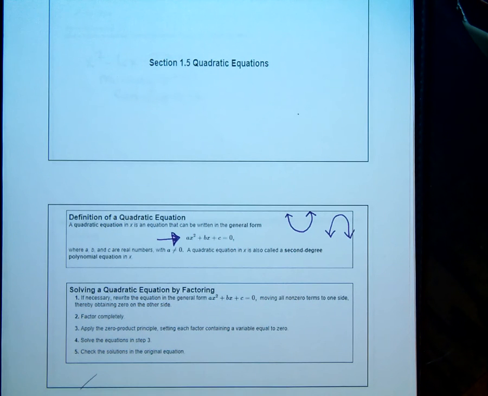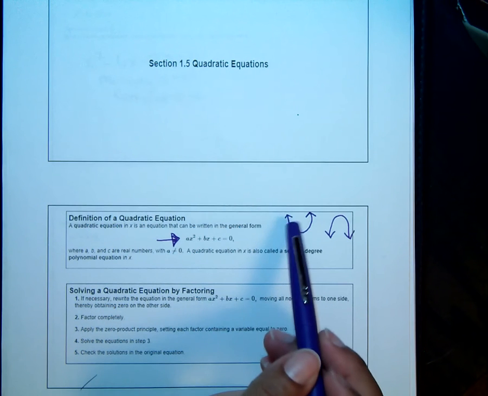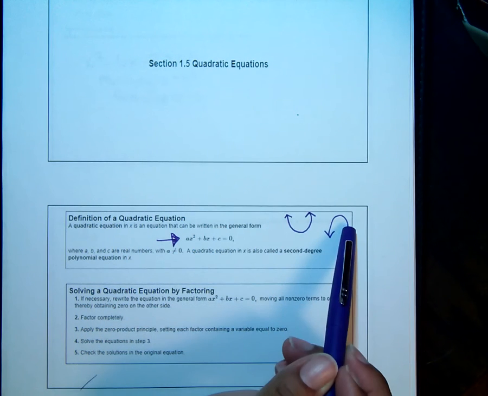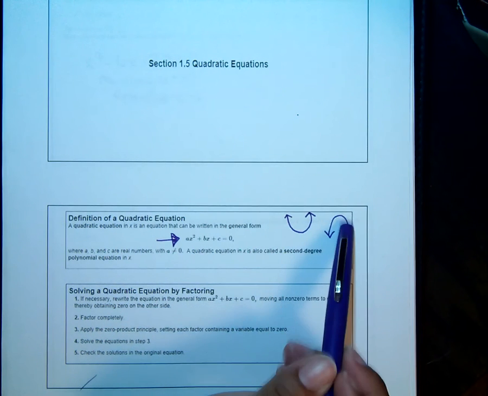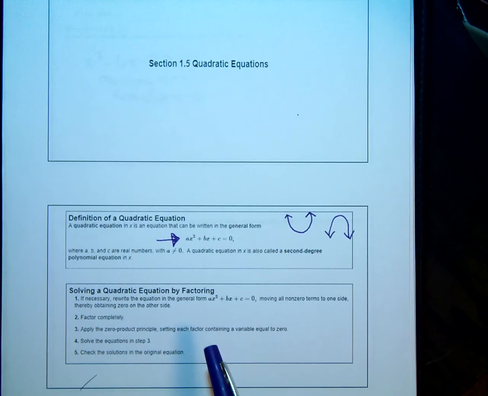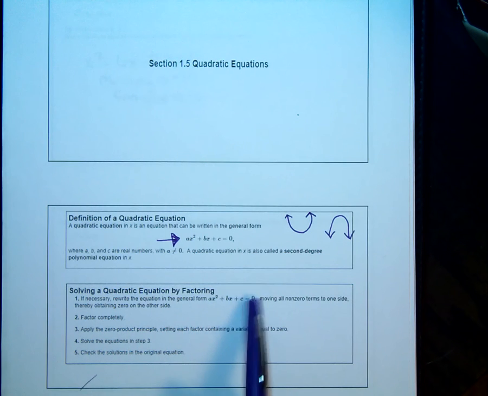So when we're solving quadratic equations, we're looking to see where the parabola crosses the x-axis. That means we're trying to figure out where y equals 0. So that's why we have ax squared plus bx plus c equals 0. We're trying to figure out where it crosses the x-axis.